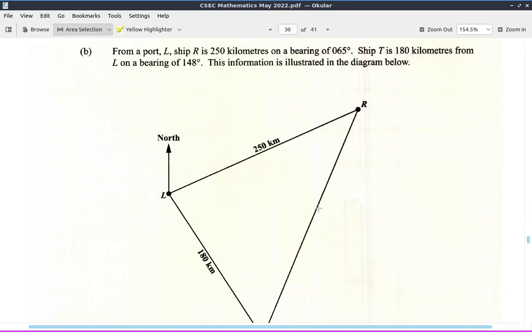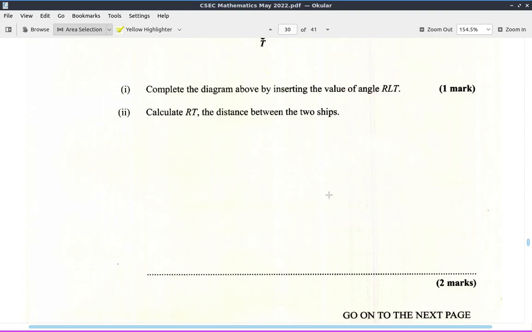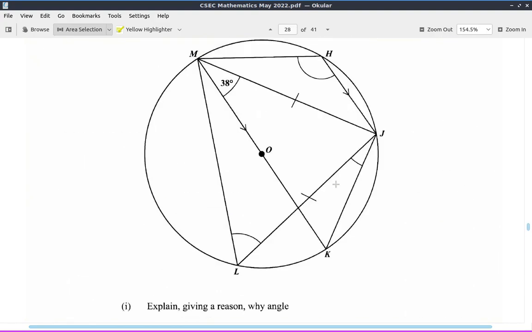Okay. And then you have a bearings question. Alright, so you have to remember your bearings. We'll go through that. That's question 9.